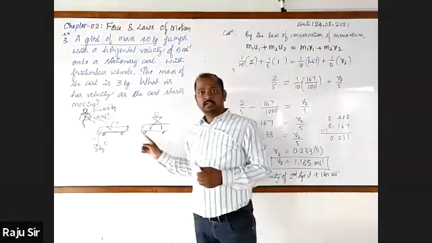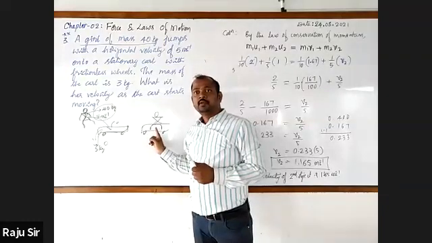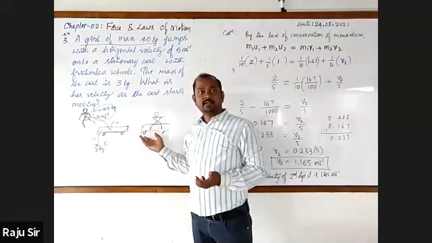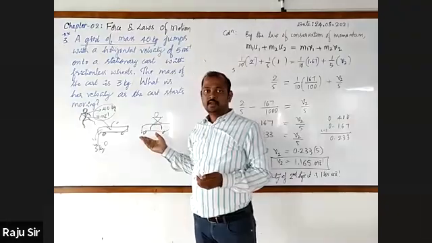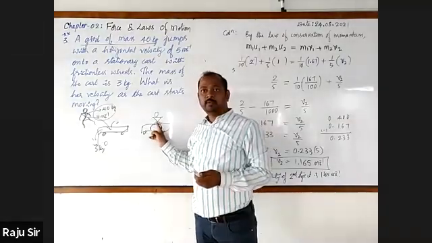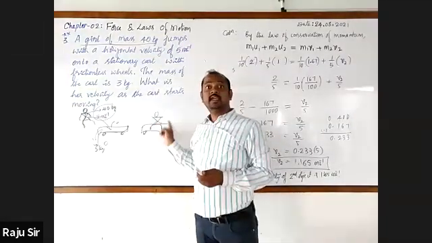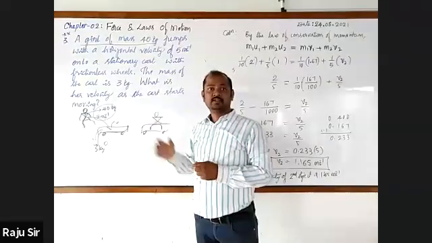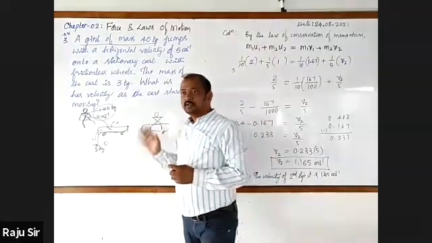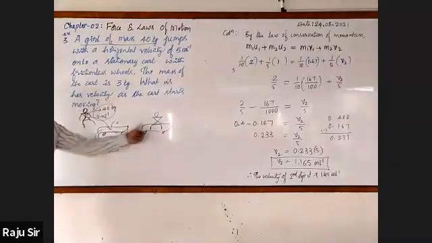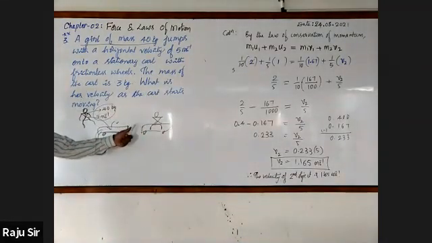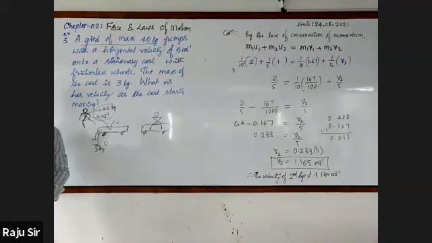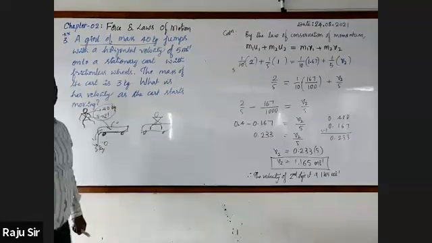That means can we say that the velocity of the cart is equal to the velocity of the girl? Yes, sir. V1 and V2 will be the same. So now we have to find out these. Any one of these two is enough for the required state.